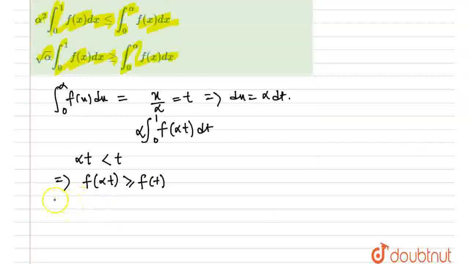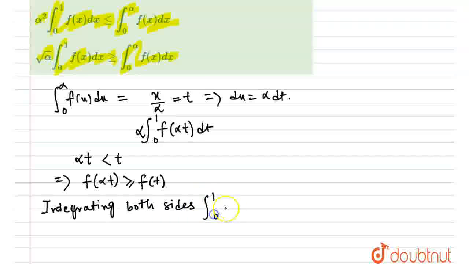Now just integrating both sides from 1 to 0, we would get integration 1 to 0 f on alpha t dt is greater than or equal to integration 1 to 0 f on t dt.